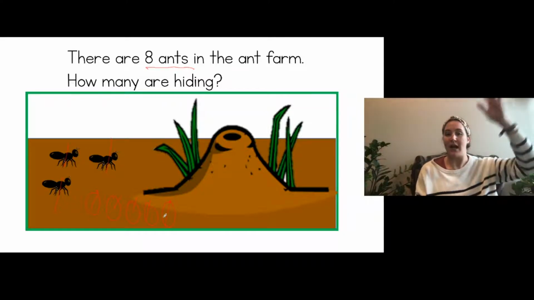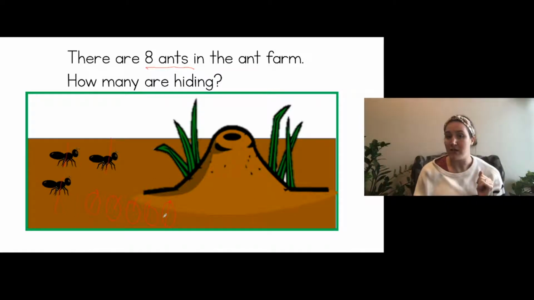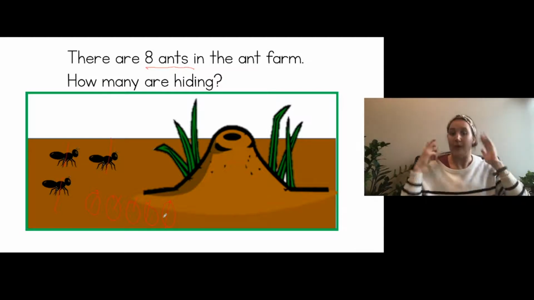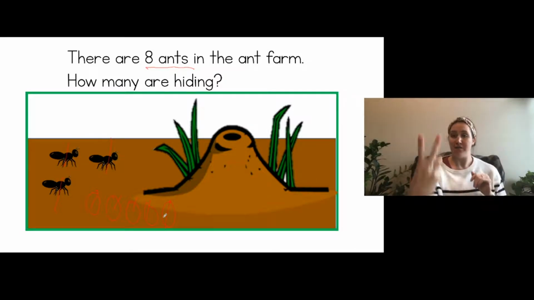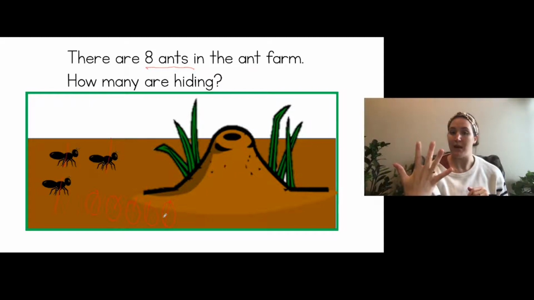Let's count in our head. So say 3, because that's the group we already have. 3, and then count on until we get to 8. 3, 4, 5, 6, 7, 8. So we're putting up a finger for each number as we count on.